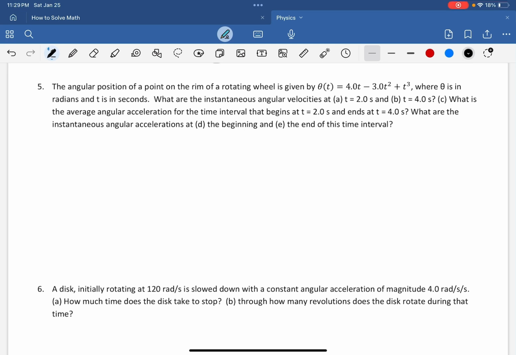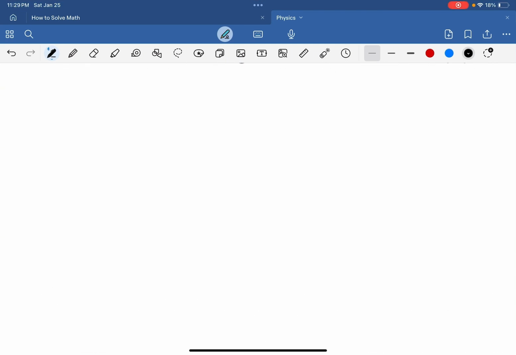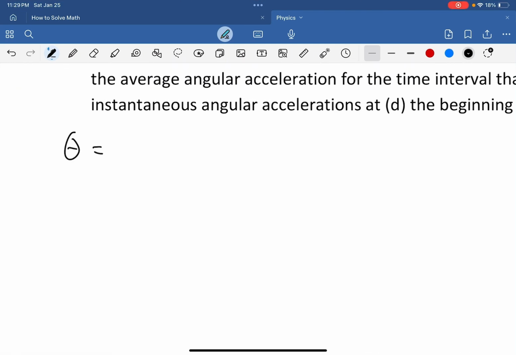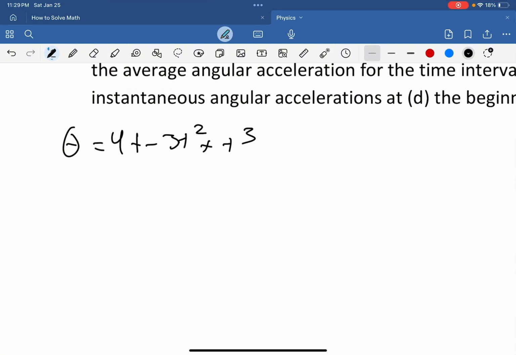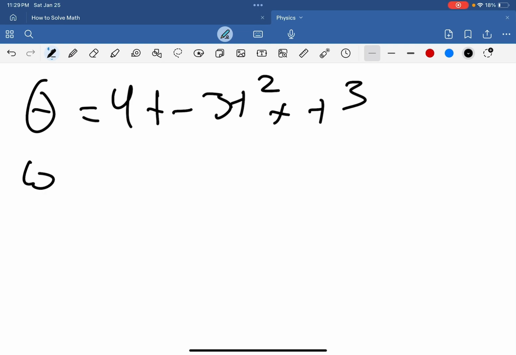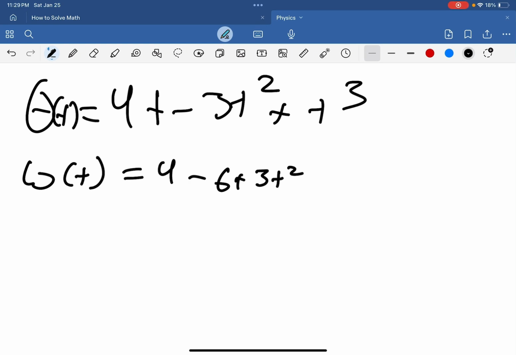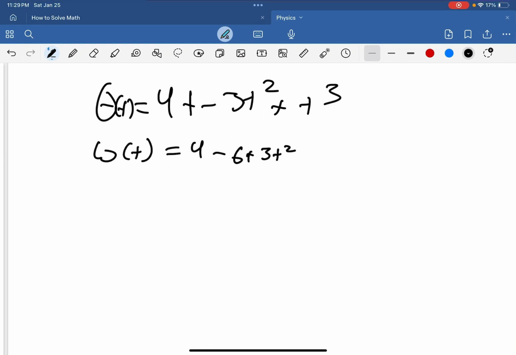So part A is just asking for instantaneous angular velocity. Theta is given to us to be 4t minus 3t squared plus t cubed. That means omega(t) is equal to 4 minus 6t plus 3t squared. Sorry, hold up, my bad.